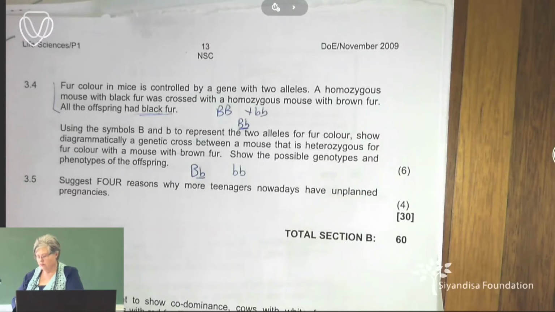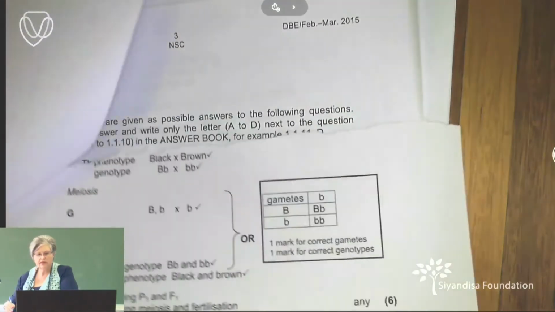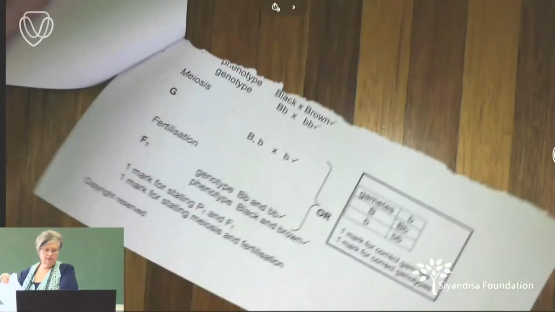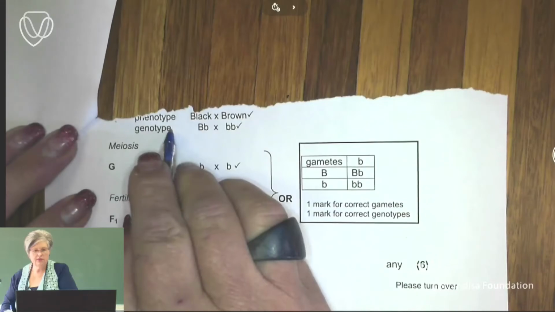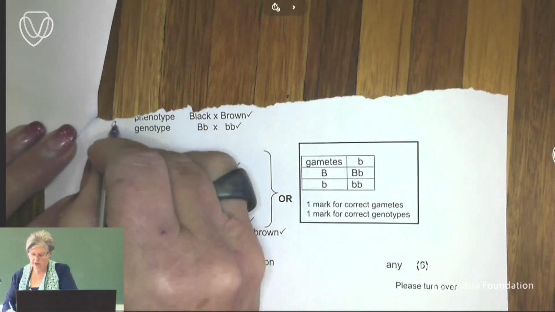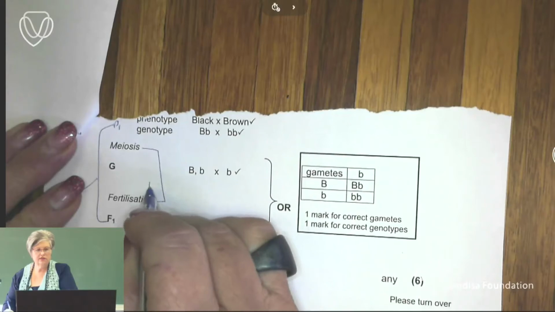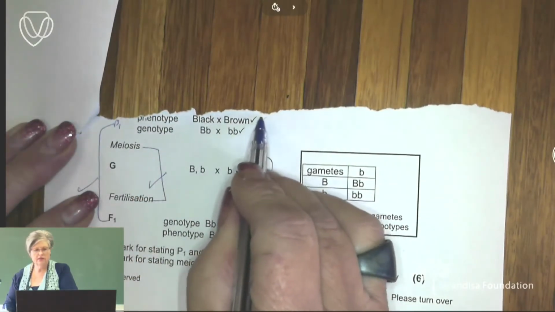If we quickly look at the memorandum, it says phenotype, so there's P1, F1, you will get a mark. Meiosis and fertilization, you will get a mark. Phenotype is black and brown.